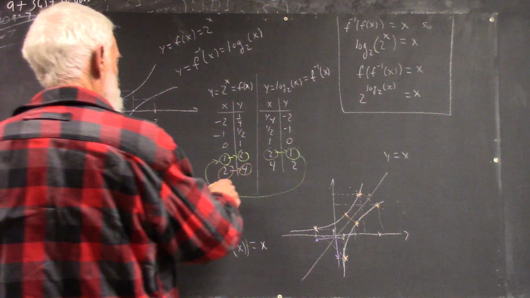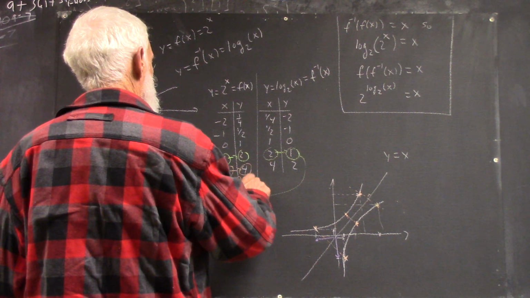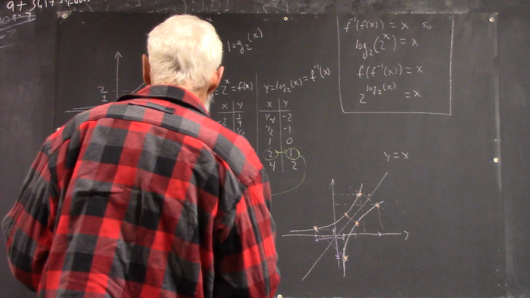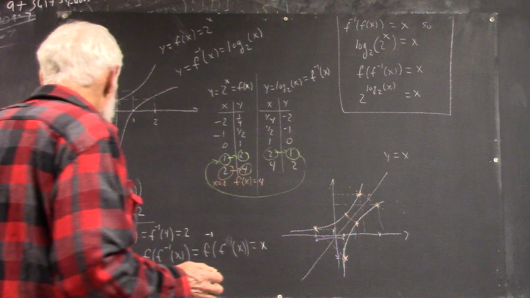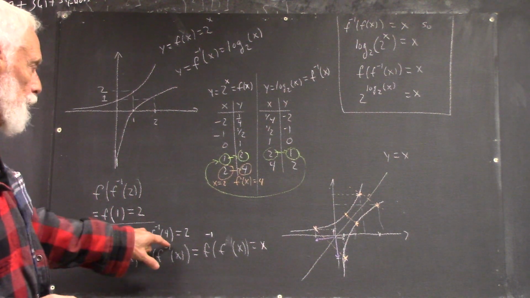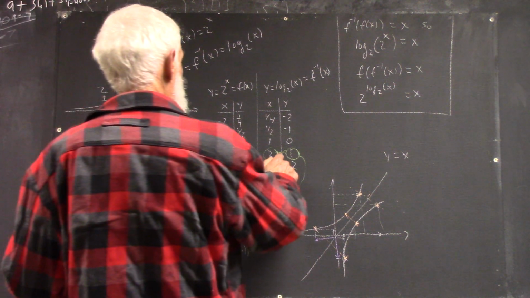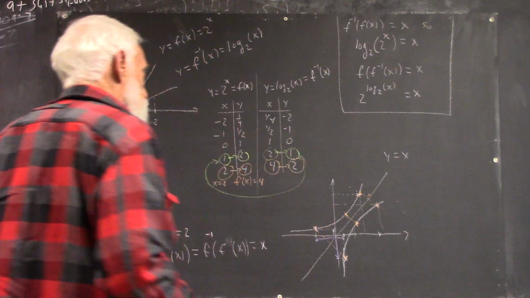So we can say x is 2. And now f inverse of f of x is f inverse of f of 2, which is f inverse of 4. Okay, so we get the 4 here, and from that we get the 2.